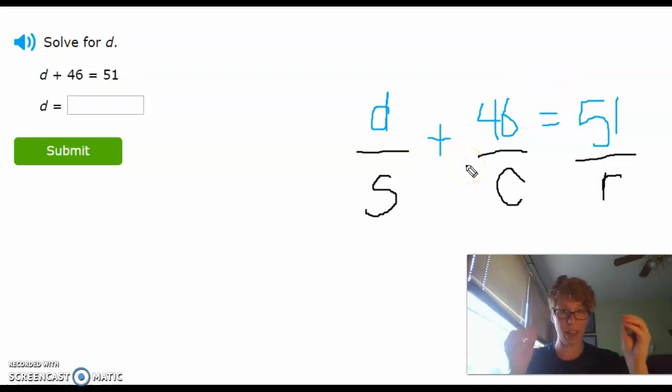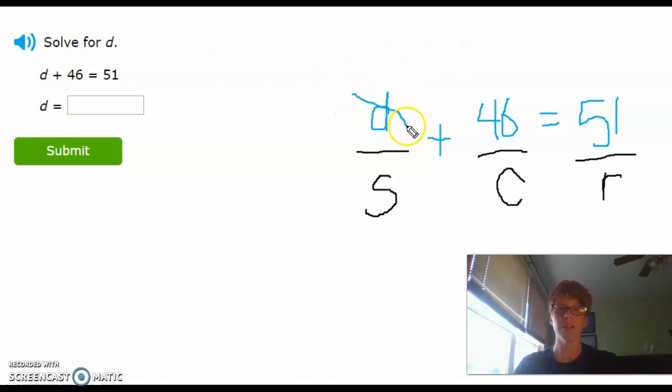Whenever there is a gap in math, you subtract. We need to know the difference between this number and 46. We'll do that by taking 46 away from 51. So let's start at 51 and count back to 46. 51, 50, 49, 48, 47, 46. So 5 is our answer.